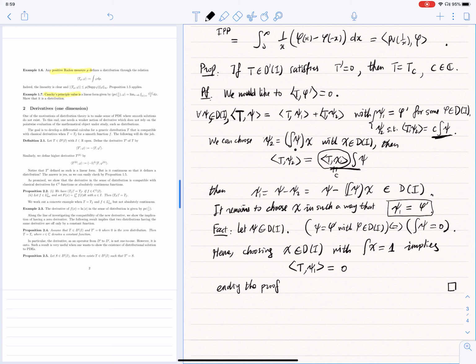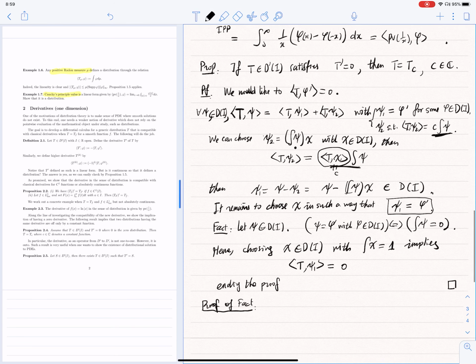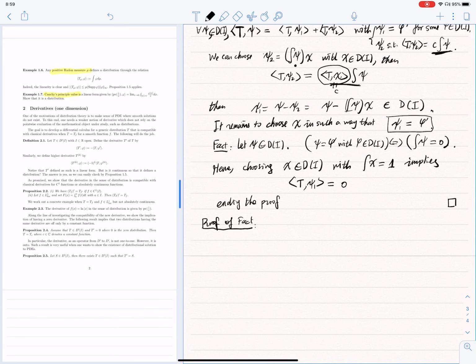Okay, so it remains to check this fact. And it is pretty straightforward. On the one hand, if the integral of psi is equal to 0, then let's define phi of x equals the integral from negative infinity to x of psi(t) dt.